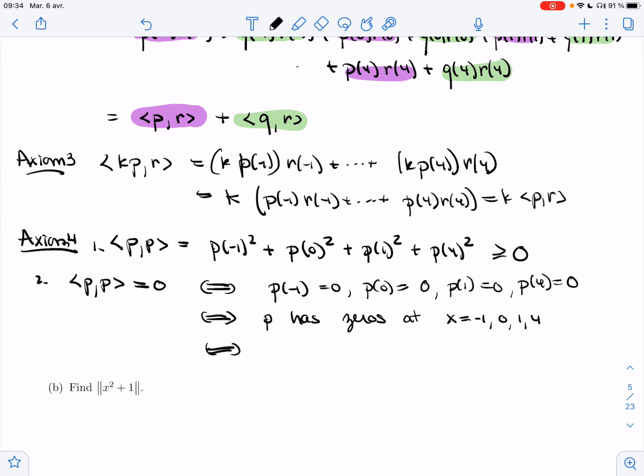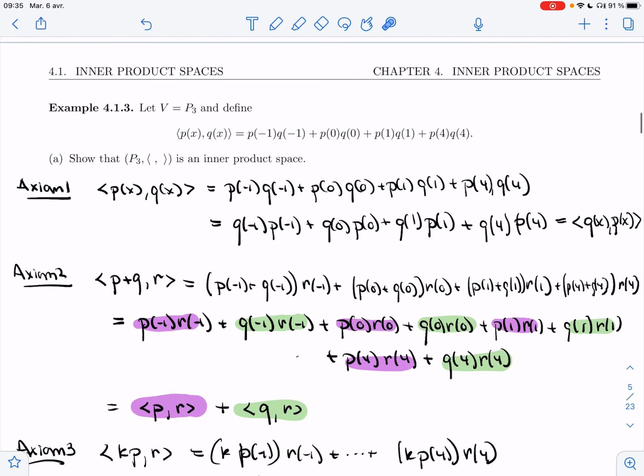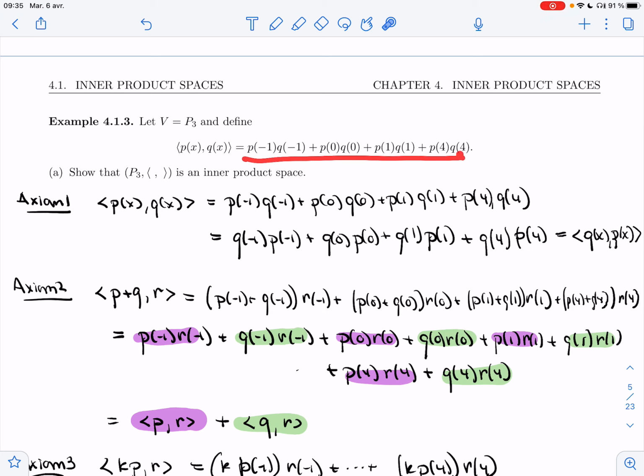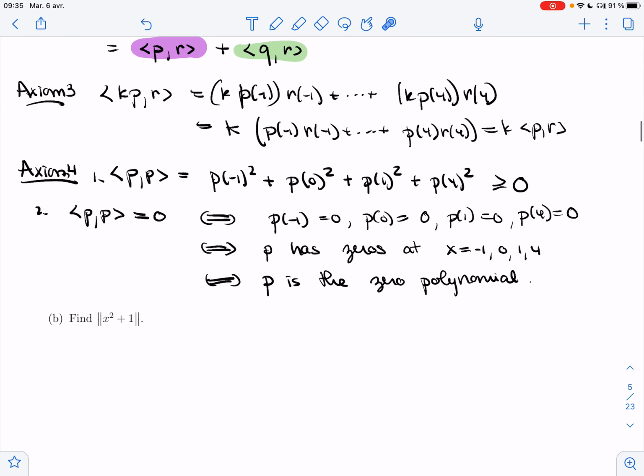That means if it has 4 zeros, it has everything 0. So P is the 0 polynomial. That's the only one that can have so many. And that's part of the reason I needed to use 4 points here. If I use 3, then it wouldn't fit the last axiom. So it was a bit painful here, but I didn't have a choice. All right, so yes, it is an inner product.